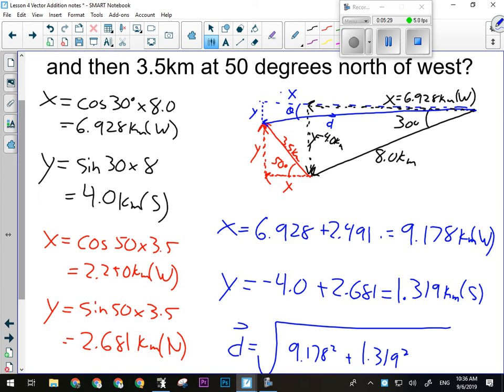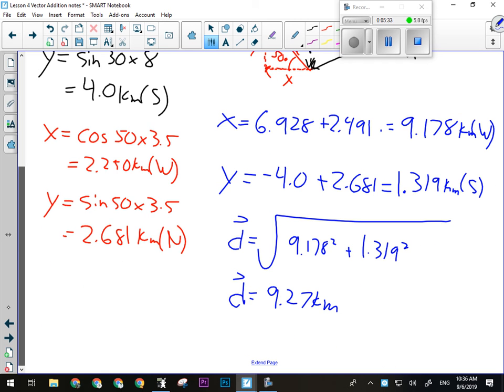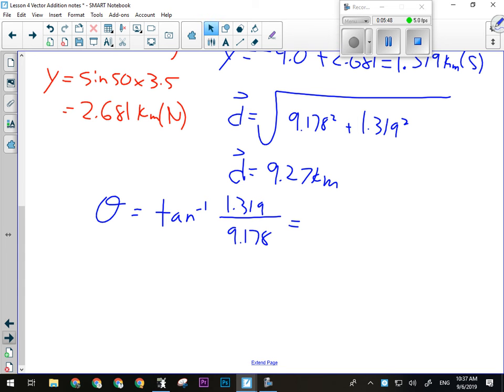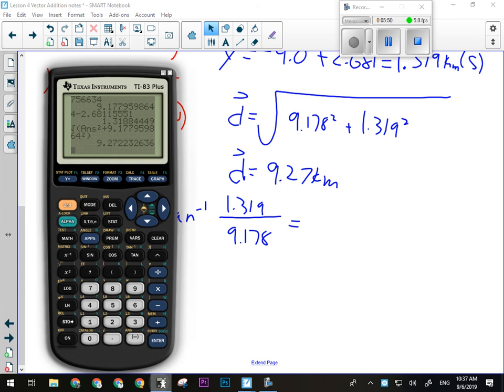Okay, so y is opposite the angle I'm finding. X is adjacent. So I'm going to go theta equals tan to the minus 1 of my 1.319 over 9.178. Okay, and that will give me my angle.